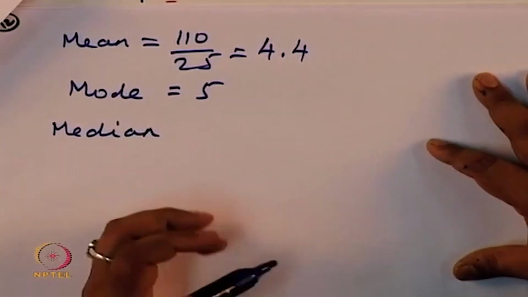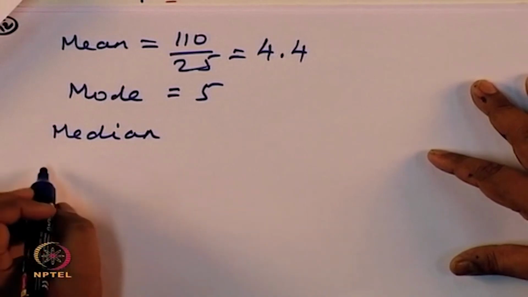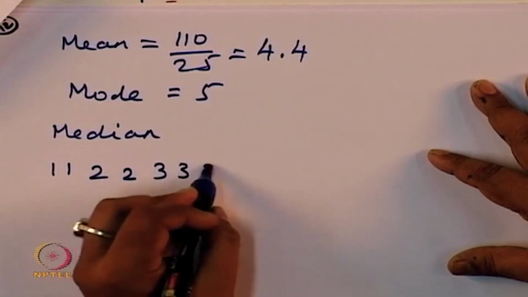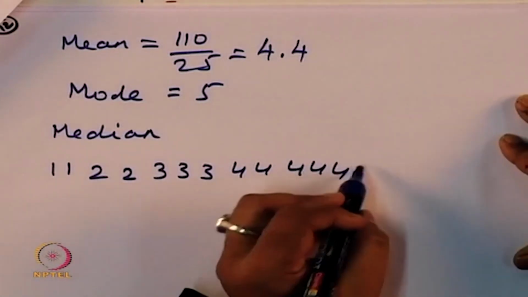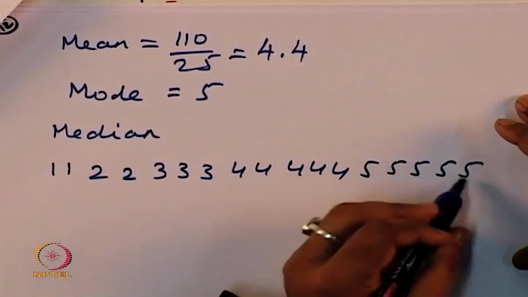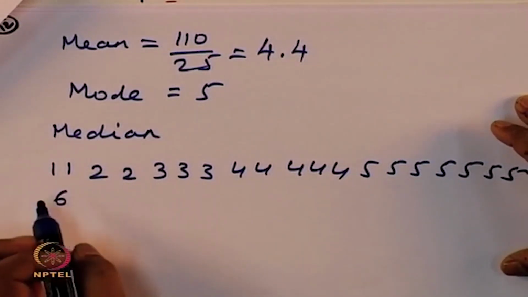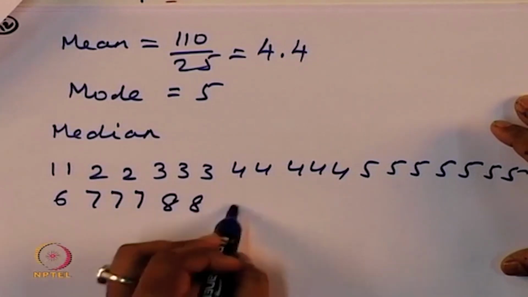So, for calculating the median, we have to arrange the numbers. We have 1 1, 2, 3 3 3, 4 4 4 4 4, 5 5 5 5 5 5 5, 6, 7 7 7, 8 8, 9.